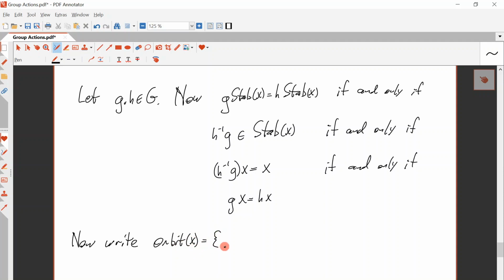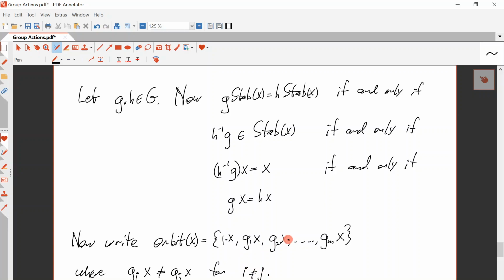It's everything that X goes to under the action of G. So it's the action of the identity on X, and then the action of g1 on X, and the action of g2 on X, up to gm on X. Write the set orbit of X like this, where gi x is not equal to gj x for i not equal to j, right?